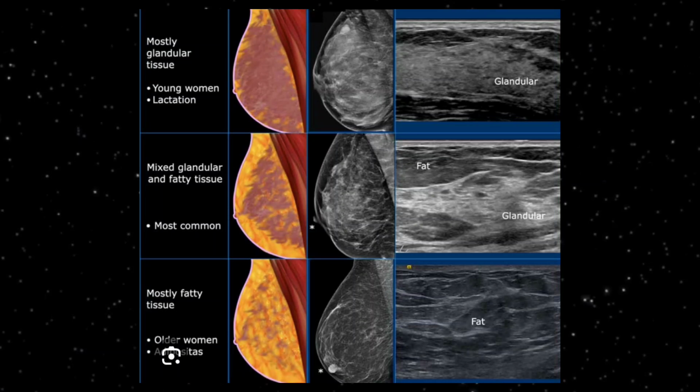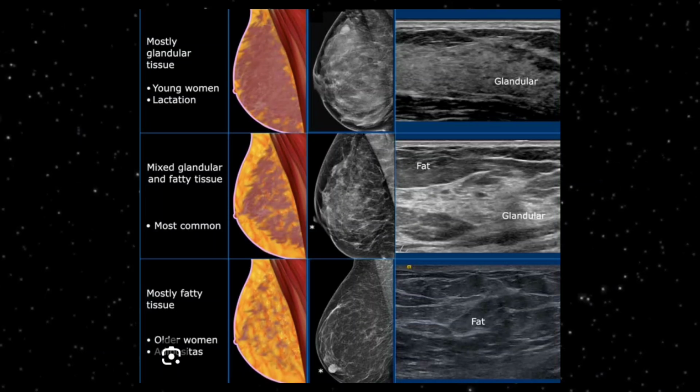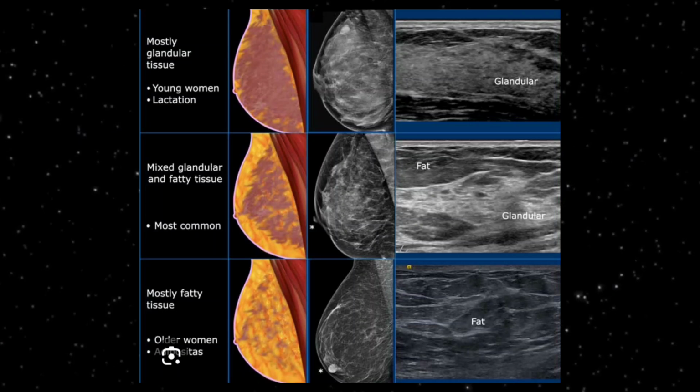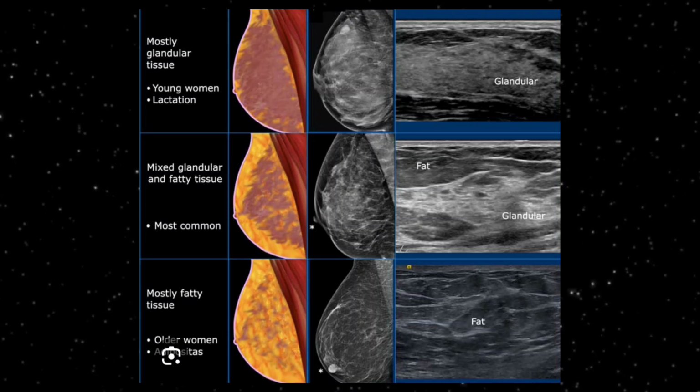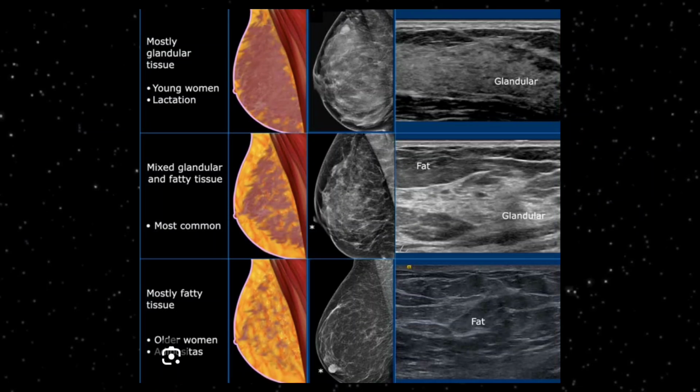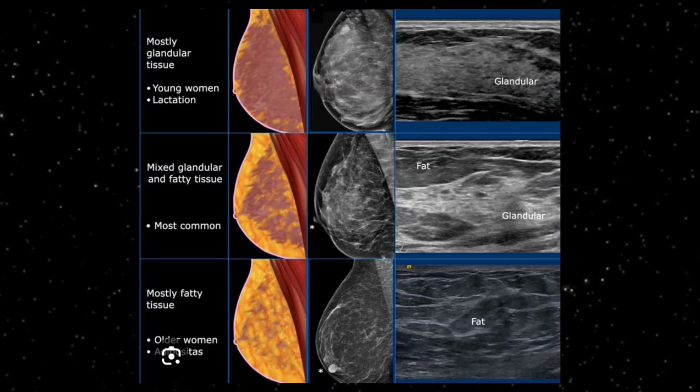Whenever you are scanning the breast under ultrasound, I would recommend always putting your comment on the type of breast, whether it is a fatty breast, a mixed type, or a glandular breast, because this gives the clinician extra information.